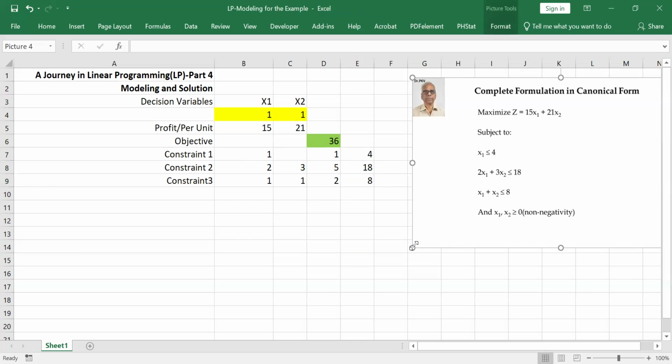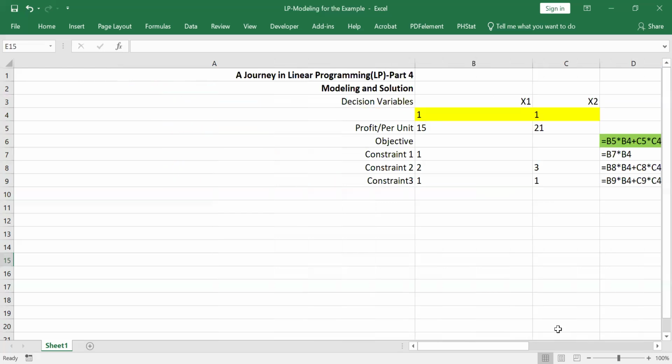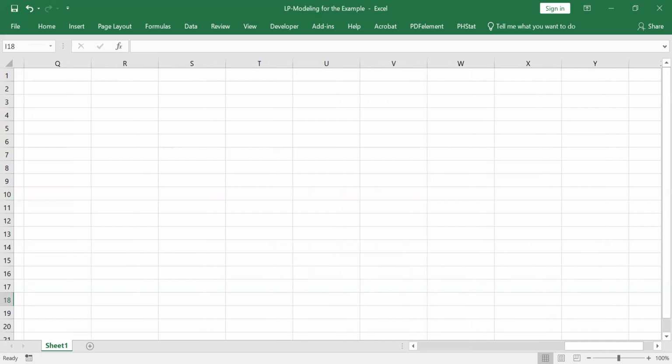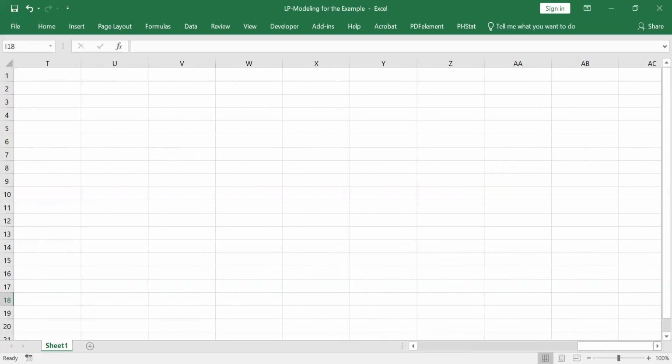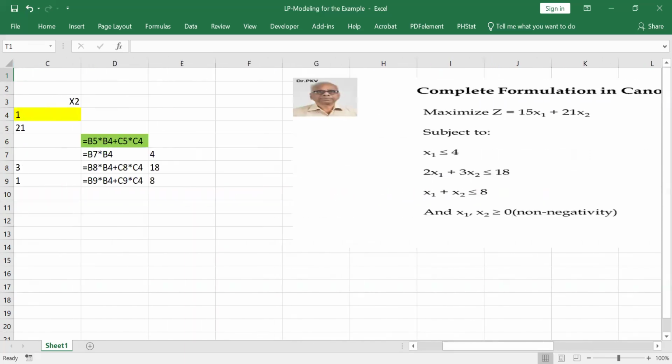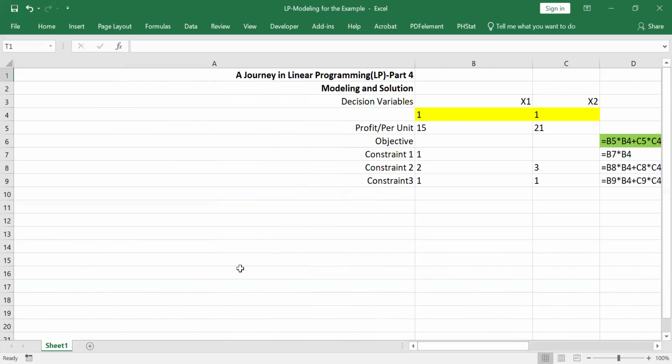Now, I have modeled the problem I need to solve. If you wish to look at what you have modeled, you can see this here. This is what you have modeled.